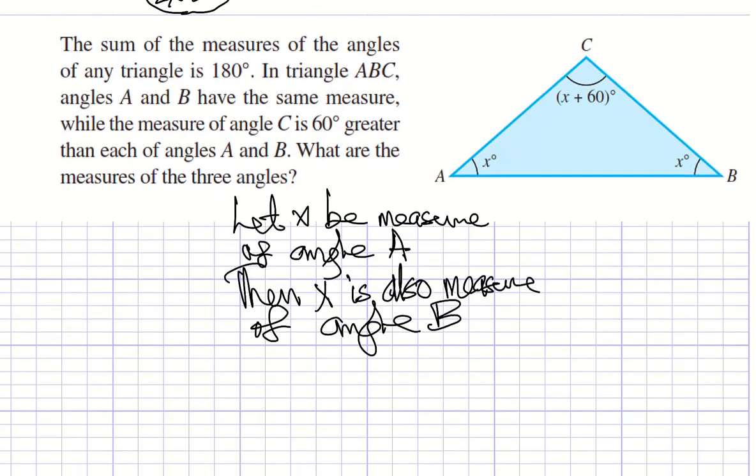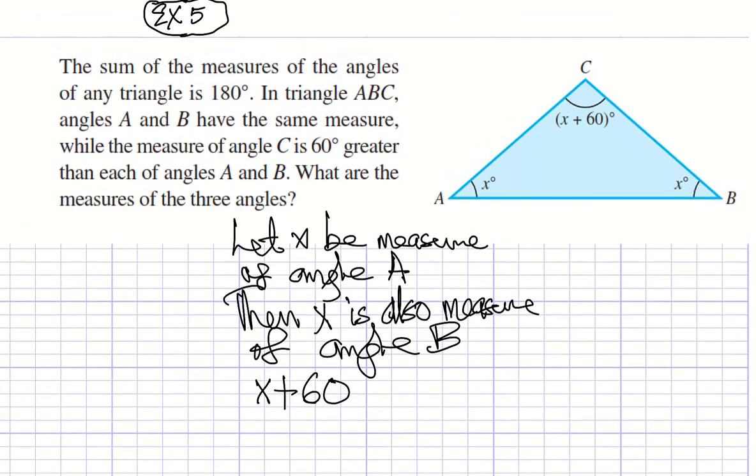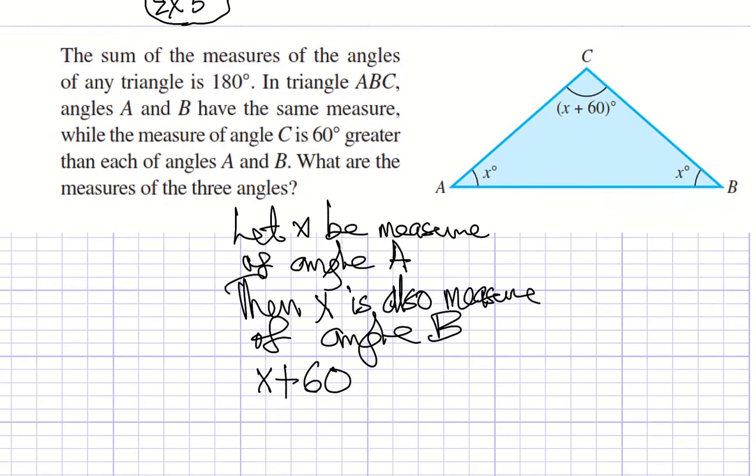Now look at what it said in the triangle. The measure of angle C is 60 greater than each of the other angles, so that is x plus 60. They gave it to you there. Then they said the sum of the measures of the three angles is 180.